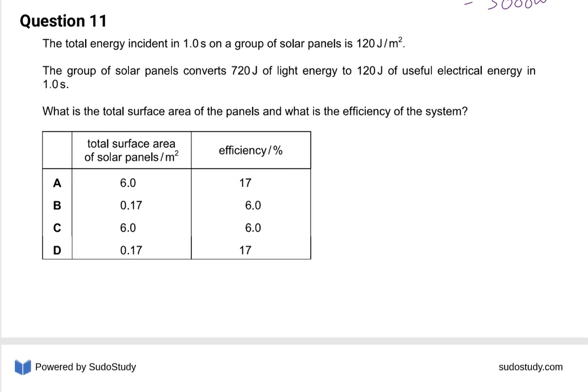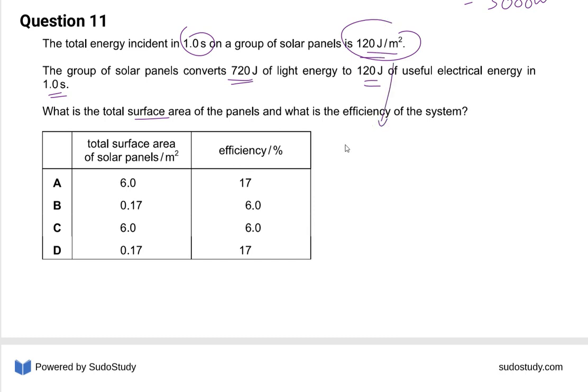Okay, now let's take a look at this one. Now this is a good question here. This is talking about the surface area. The good thing is it tells you that in 1 second the solar panels are giving off this much. Now what does this mean? This means convert this joules to this in 1 second. What is the total area in this case? Now let's use this one.